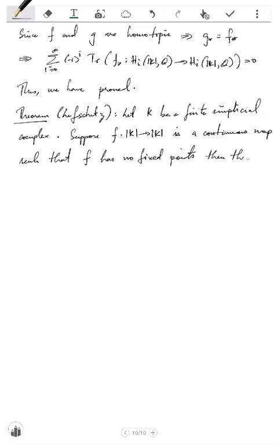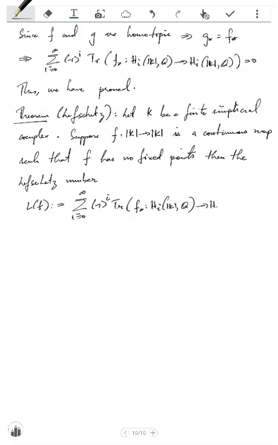Then the Lefschetz number, which is defined to be ..., the Lefschetz number is 0.